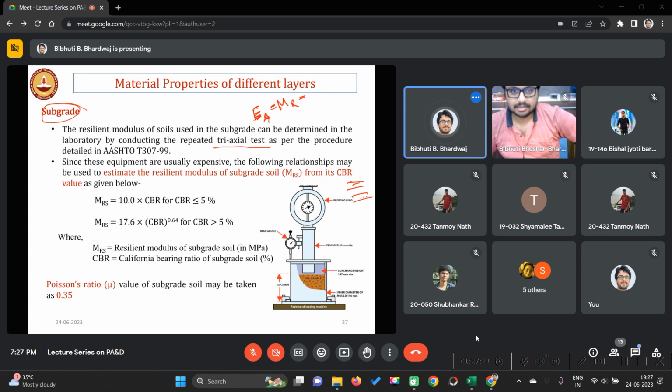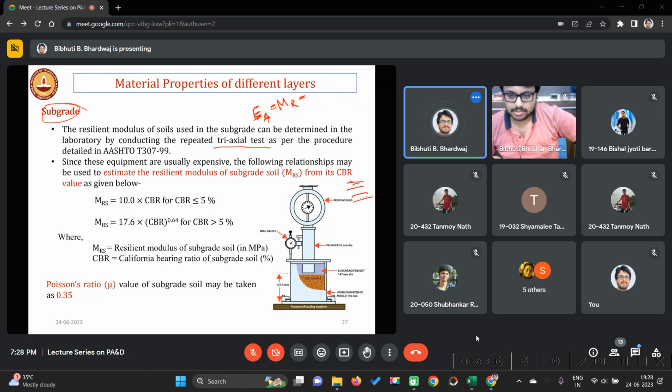So from that cyclic triaxial test or repeated triaxial test, you can find out modulus of resilience. But not all the institutes or not all the departments will be having this triaxial test setup. So in that case, how to find out the elastic modulus or modulus of resilience? So we do the CBR test.